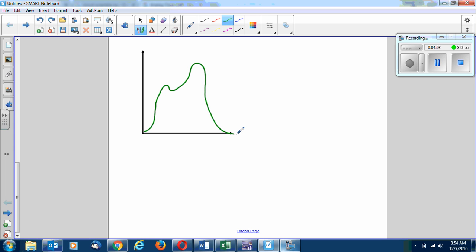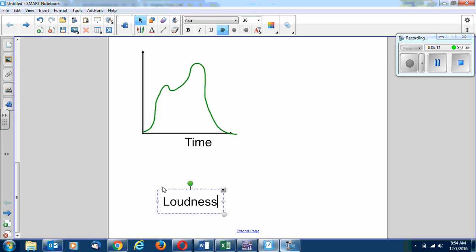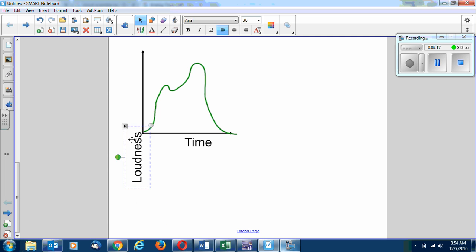Here's my signal, and let me put down my axes. So this axis is time, and that axis is going to be loudness. Okay, there we go.